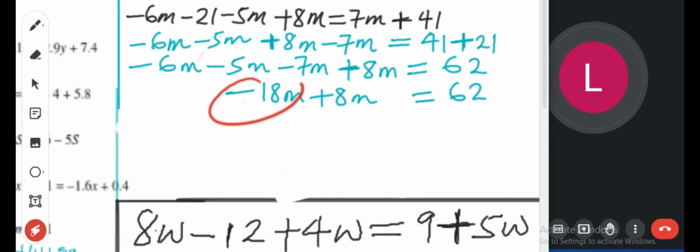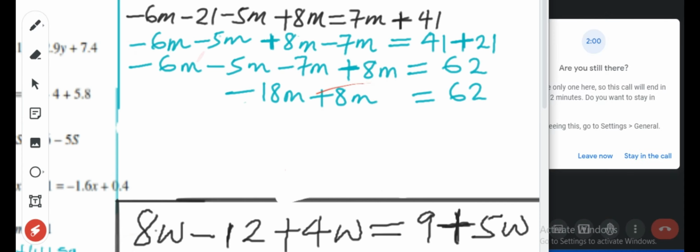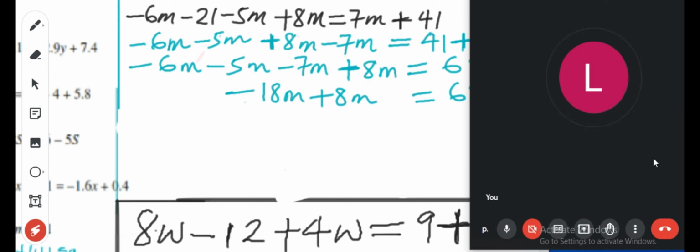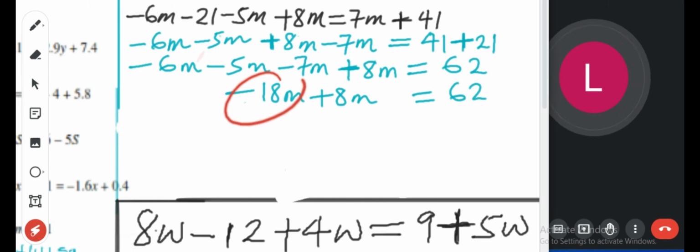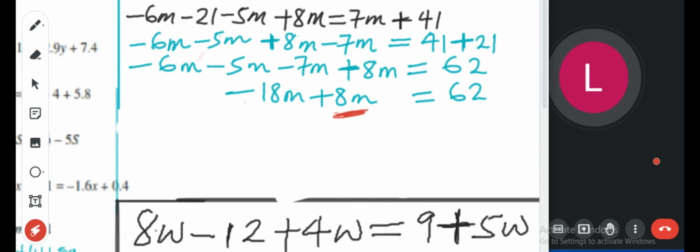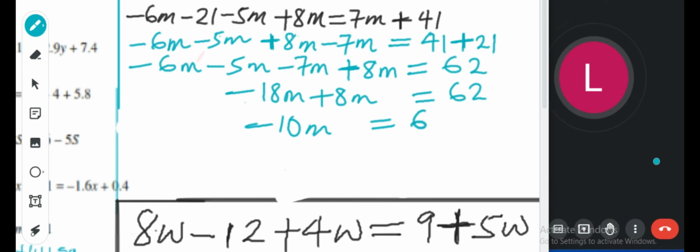Now you owe 18 and you have 8. By the time you pay, you are owing 18 and you have 8. If you pay with the 8 you have, you will still be owing 10. You won't be able to pay all. So that will be minus 10m equals 62.